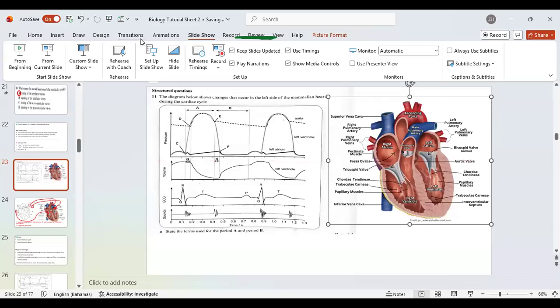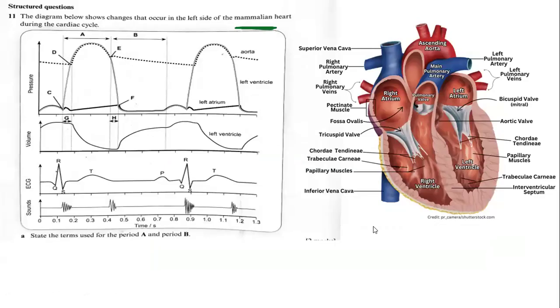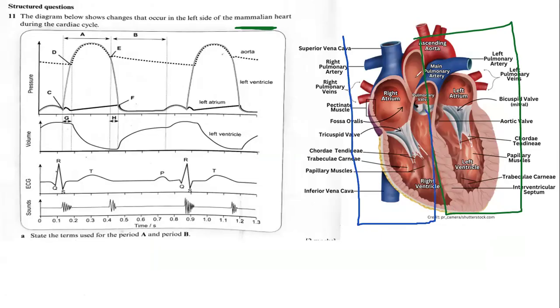Okay. So first of all, I'm just talking about the left side of the heart. So we're only talking about this side of the heart, right? We have two sides of the heart. We have obviously the right hand side, and we have the left hand side.